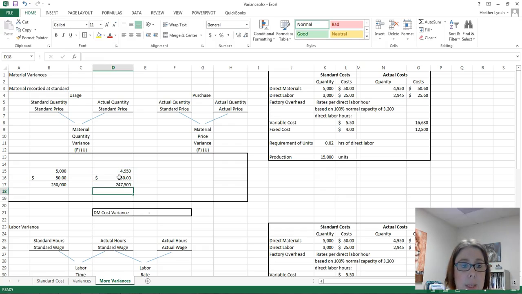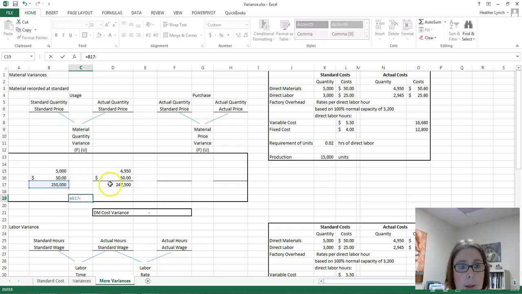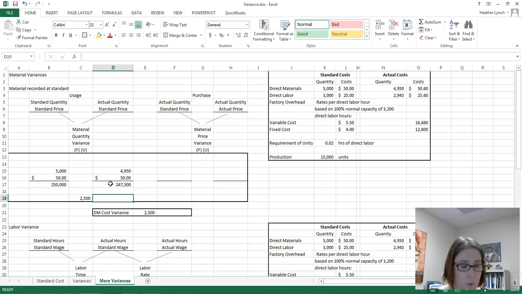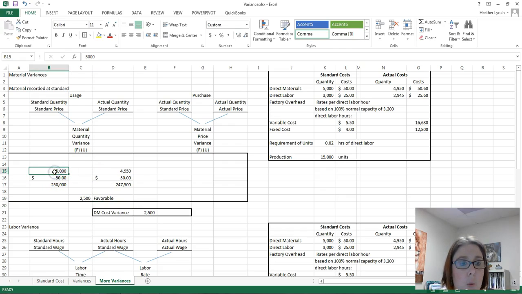Take those times each other. So then what I can do is take the difference, and that gives me a $2,400 favorable. Because we said we were going to do a standard quantity of 5,000 material, we only used 4,950.